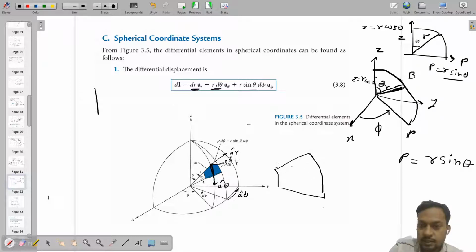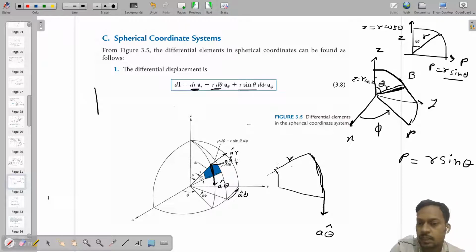Here this length is along a_theta, and this is radius r from the origin.